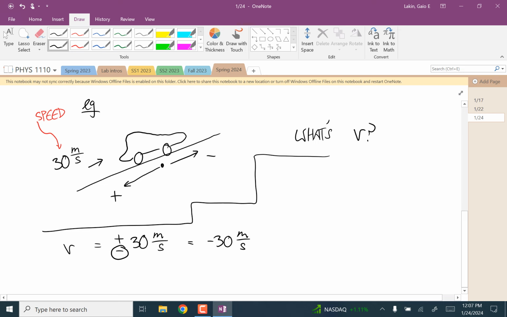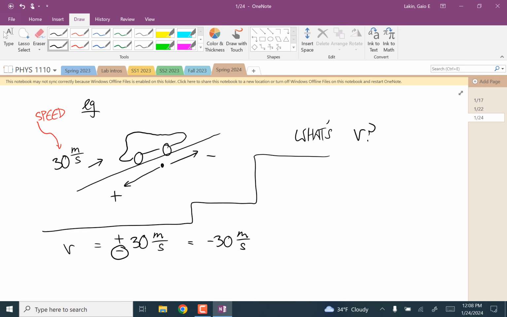Okay. Your speedometer doesn't do that. If you think of traveling back and forth along a line, let's say you go from here to Duluth and back. And let's call north, the way to Duluth, the positive direction. And the way back from Duluth, we'll call the negative direction.